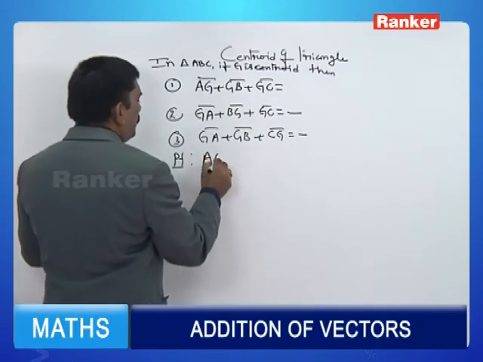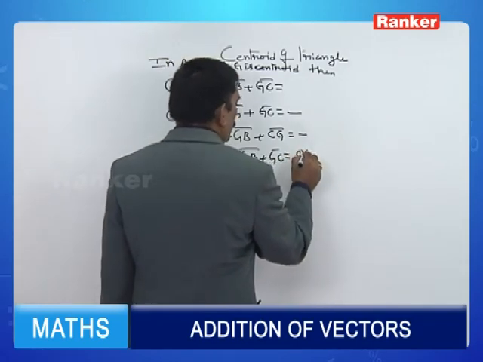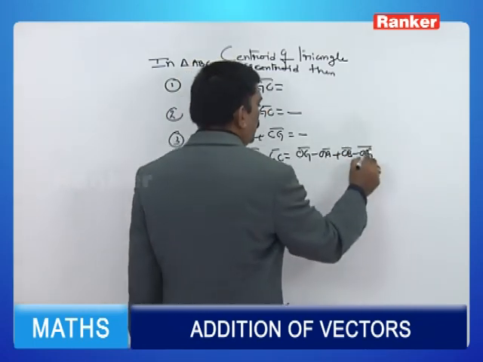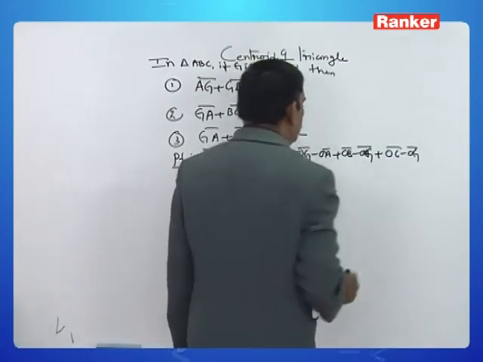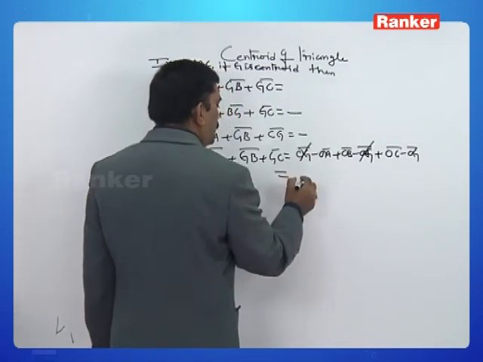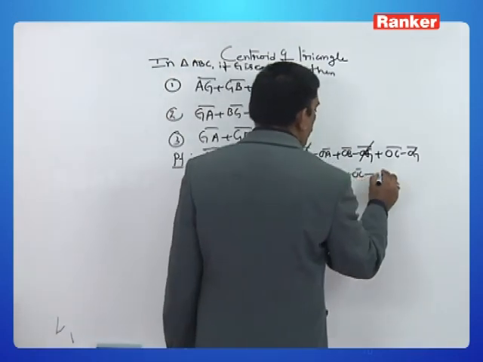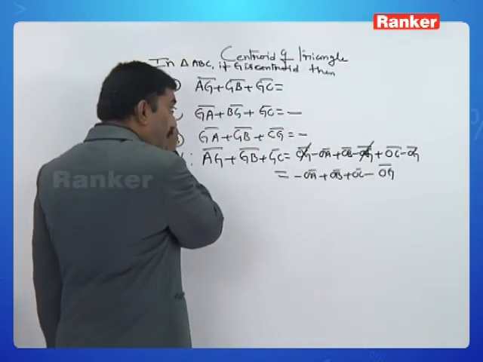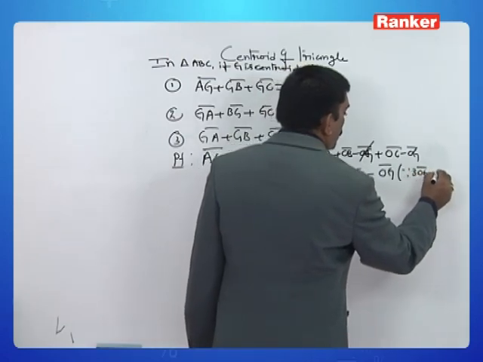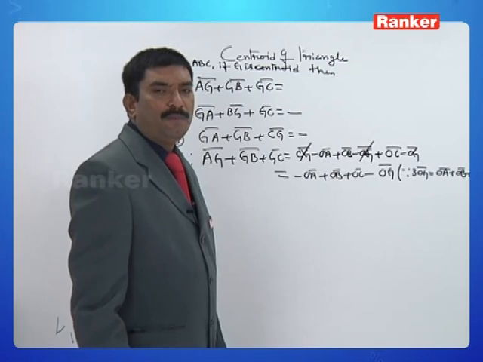Then, let us prove the value of the next one: AG bar plus GB bar plus GC bar, that is OG minus OA, OB minus OG, OC minus OG. Here, one OG gets cancelled, and we have minus OA bar, OB bar, OC bar, minus OG bar. We know already that 3 into OG bar is equal to OA bar plus OB bar plus OC bar.